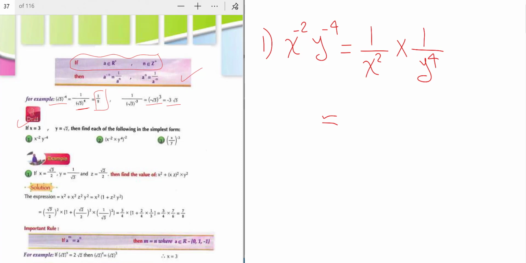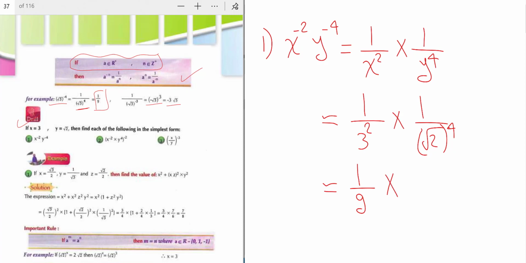The value of x equals 3, so 1 over 3 power 2, times 1 over the value of y, root 2 all power 4. 1 over 3 power 2 equals 1 over 9, times root 2 all power 4 equals 4, so 1 over 4. So it becomes 1 over 36.